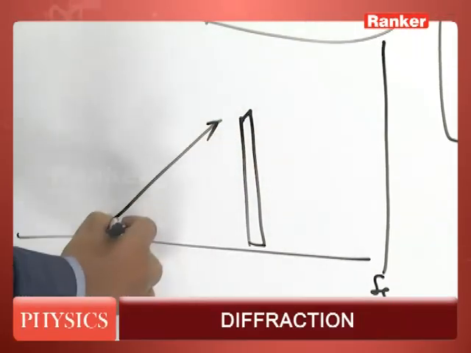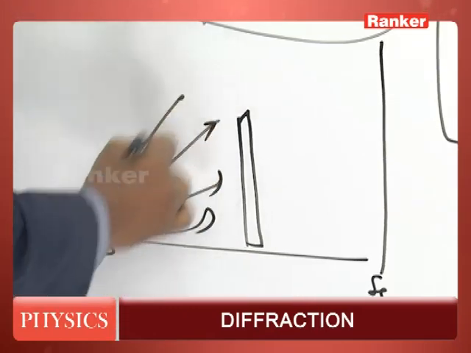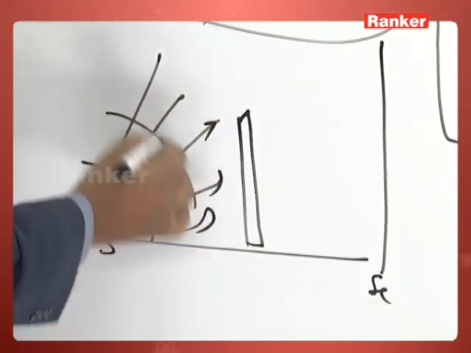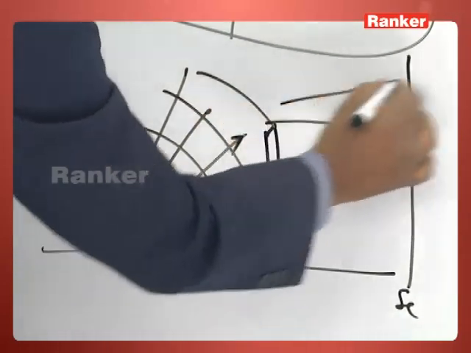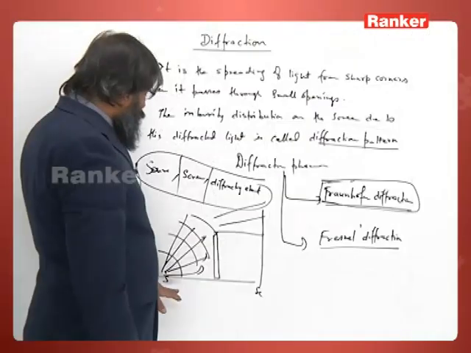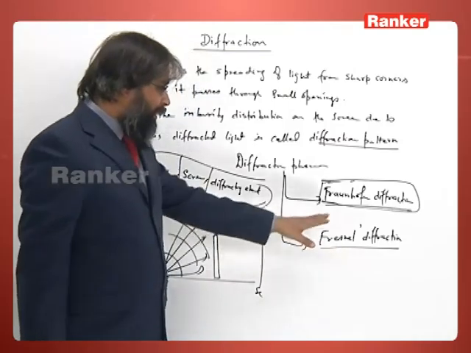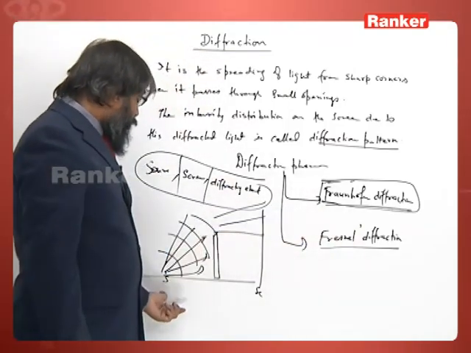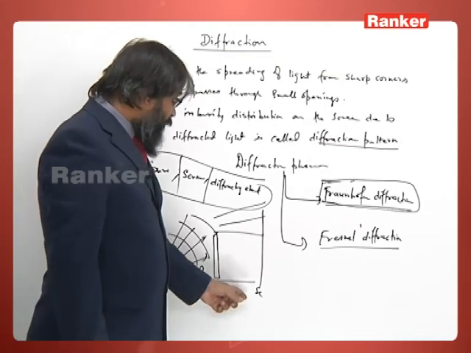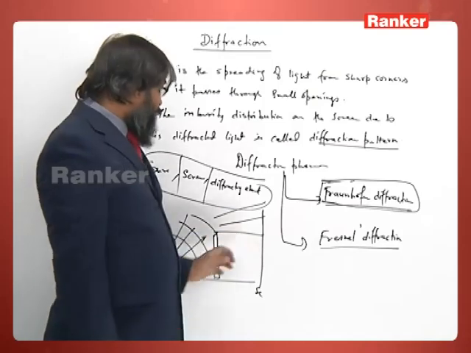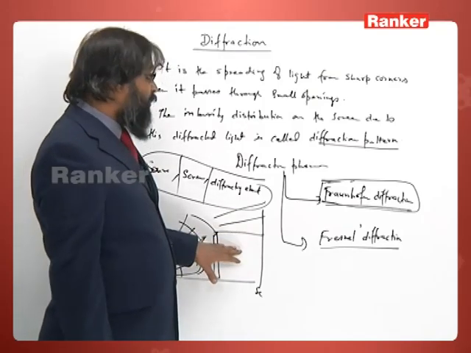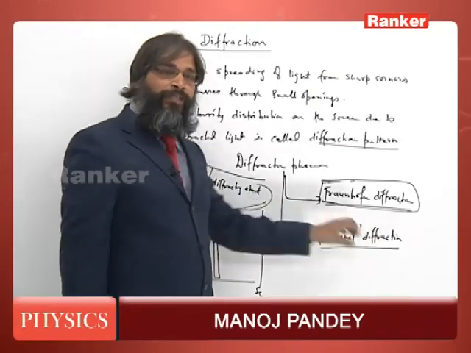The light waves, these are rays, the wave fronts are like this. The light here bends and falls on this screen. When the source, the obstacle and the screen are at finite distances, these diffraction studies come under the heading Fresnel diffraction.